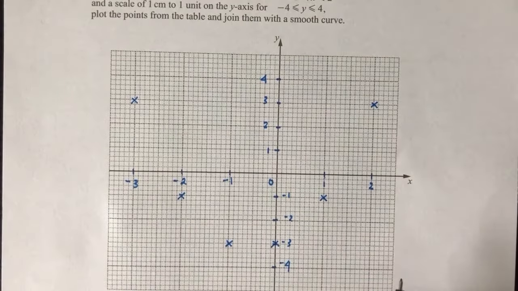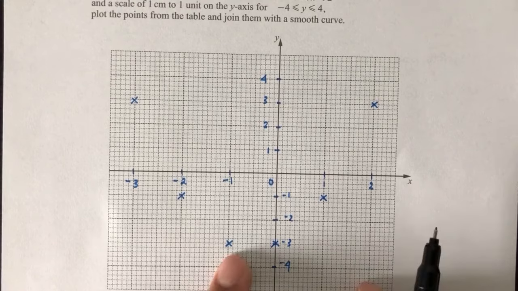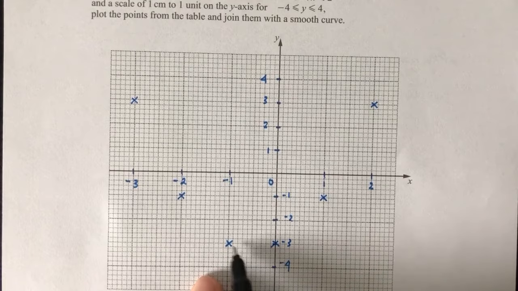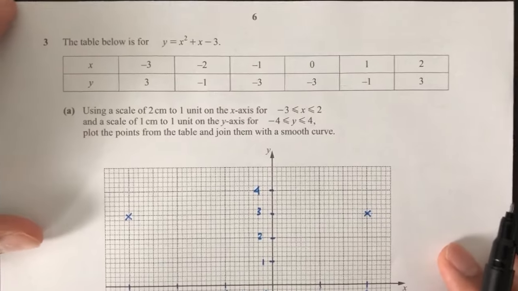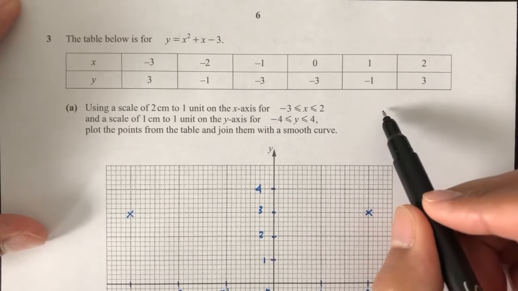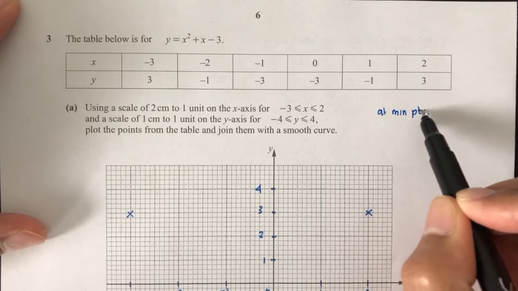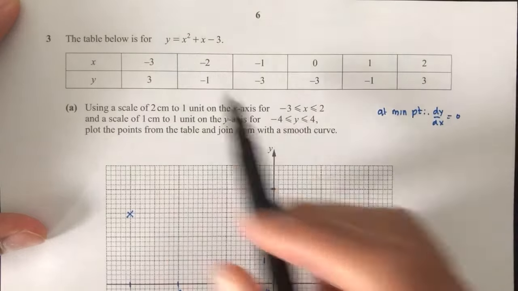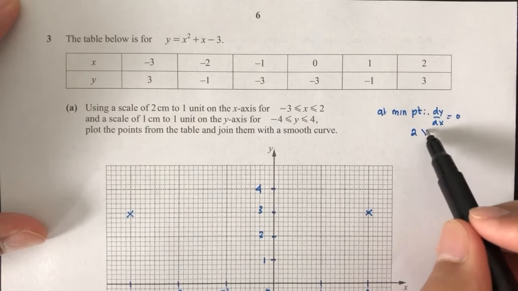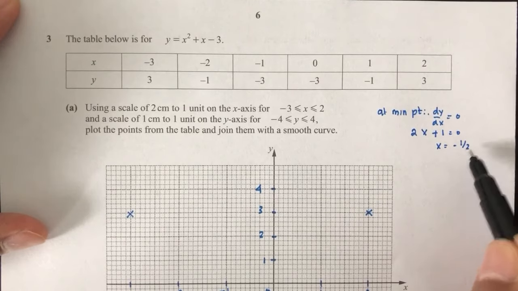Okay, so you can see this is a curve in this shape, so we have to draw a smooth curve. The thing with this one is that you don't see where the minimum point actually is. So you don't know, it should be below this line, somewhere here, right? So what you can do as well is you see this function here. It's a trick you can use because you know that at the minimum point, dy by dx is equal to 0. So we can find dy by dx, 2x plus 1 equal to 0, so x is minus a half.